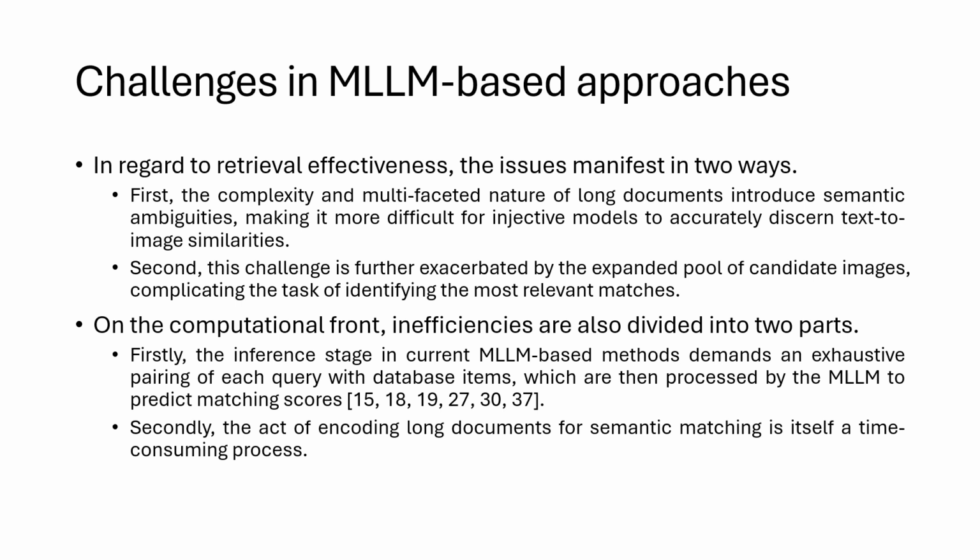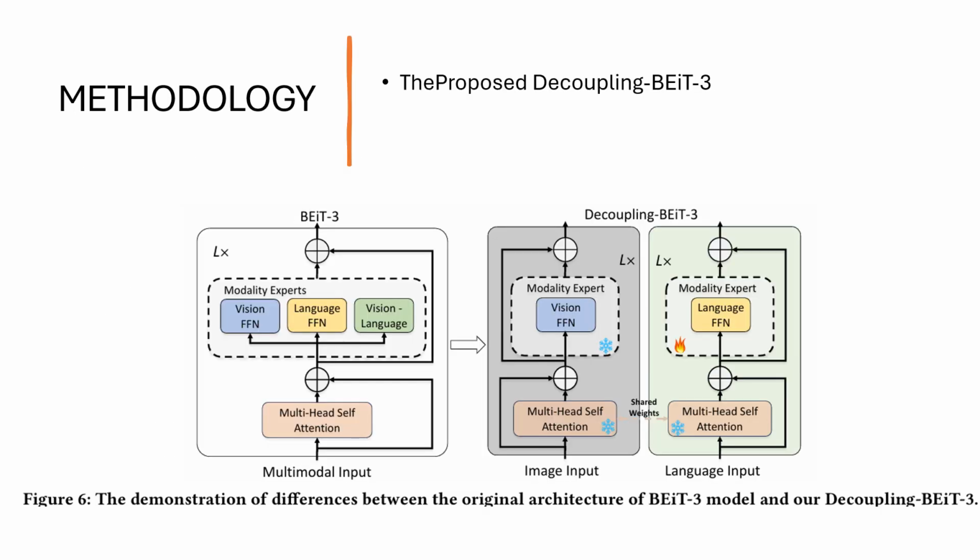On the computational front, inefficiencies are also divided into two parts. First, the inference stage in current MLLM-based methods demands an exhaustive pairing of each query with database items. Second, the act of encoding long documents for semantic matching is itself a time-consuming process.